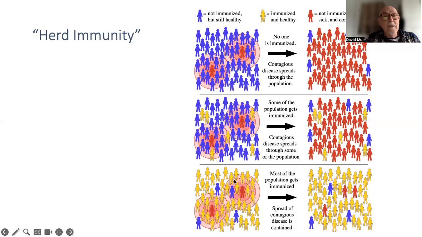If you have enough people immunized in a population, you don't have to immunize everyone. And the people who are not immunized are protected because there is no pathway to spread the infection to them. So the question in vaccinology was always, how many people do you need in a population who are immune to protect the whole population? And it varies by disease. With a highly contagious disease, you need most of the people immune.